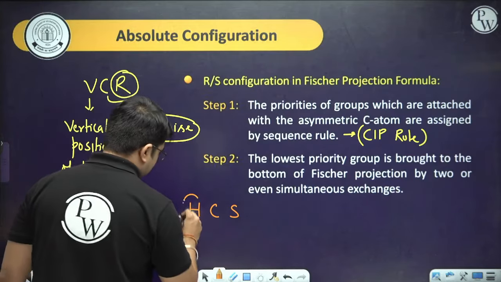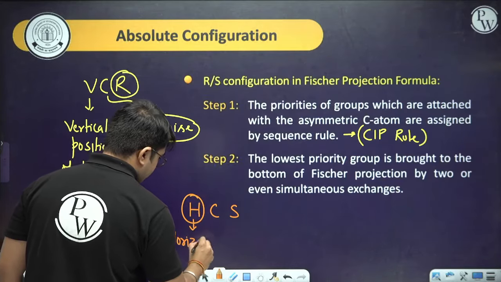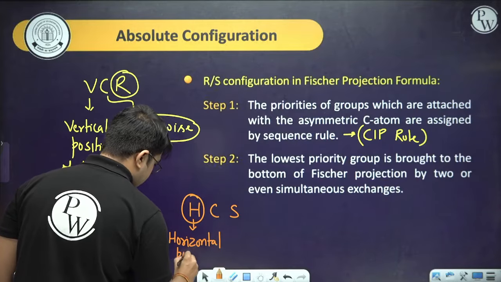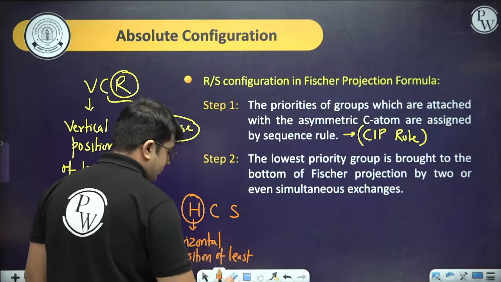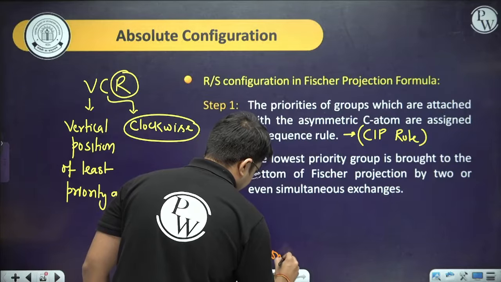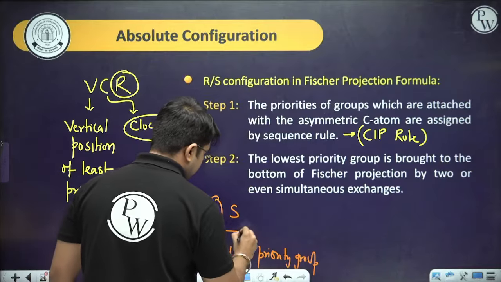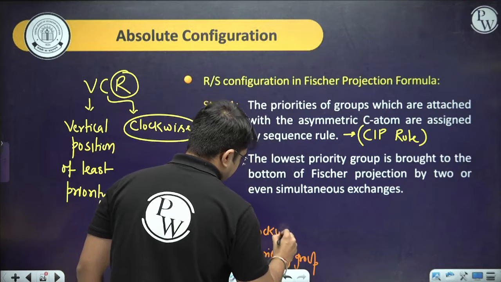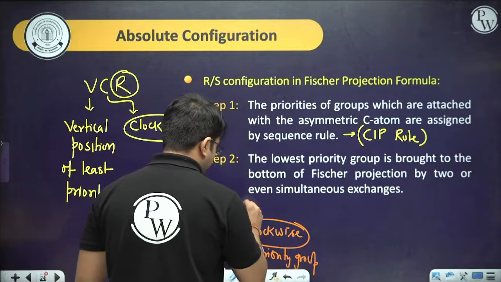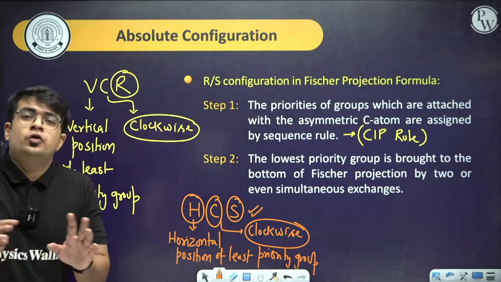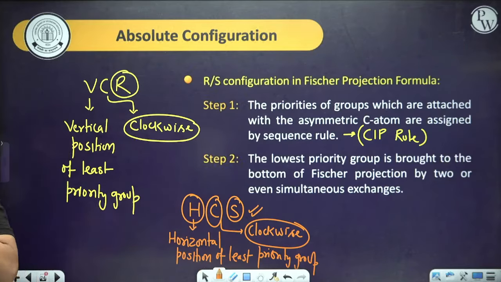If the least priority group is present on the horizontal part, horizontal position of least priority group or atom, whatever it is, and again you have clockwise direction according to CIP rule, the configuration will be S. So always remember, if you don't want to change anything, you can remember this entire part. I hope this point is clear.